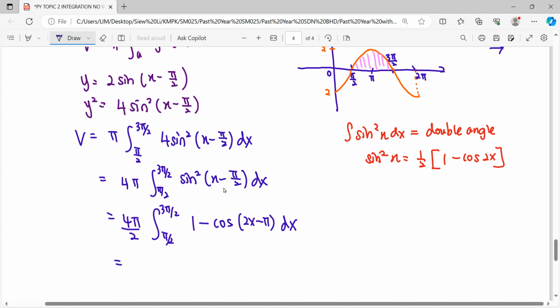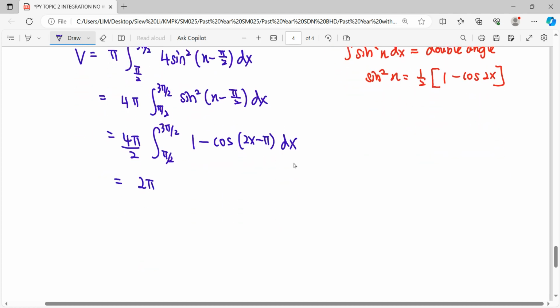So 4 over 2, simplify, I get 2 pi. Then we can start to integrate. Integrate 1, we get x. Meanwhile, integrate cos, you get positive sine.